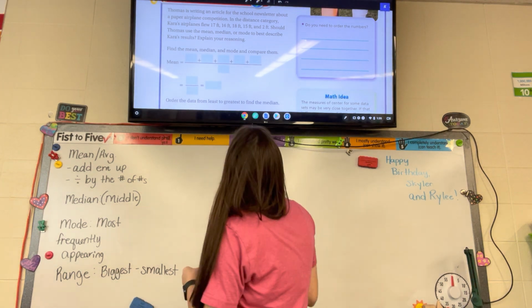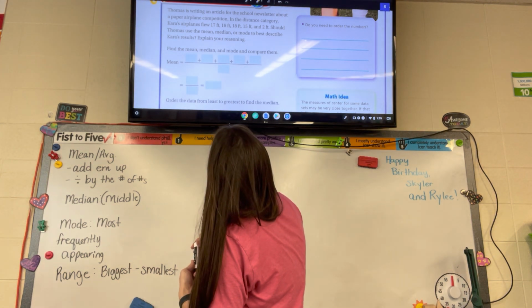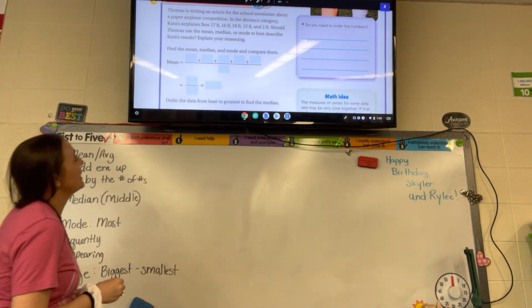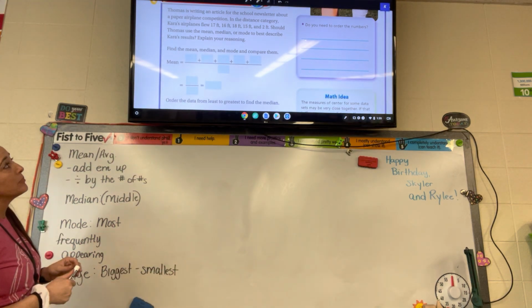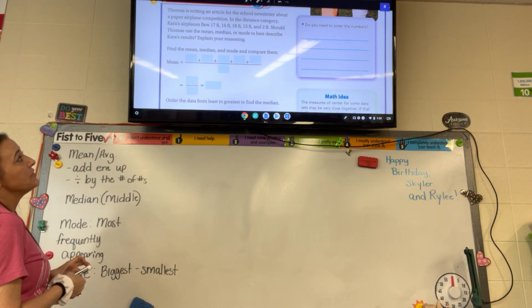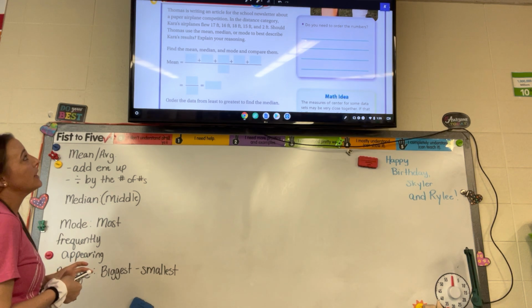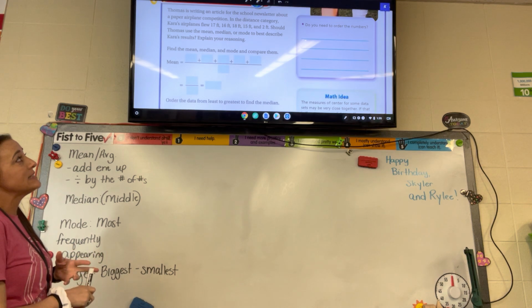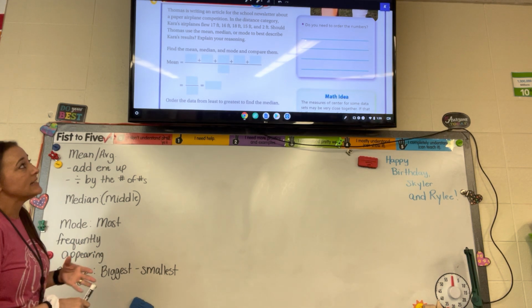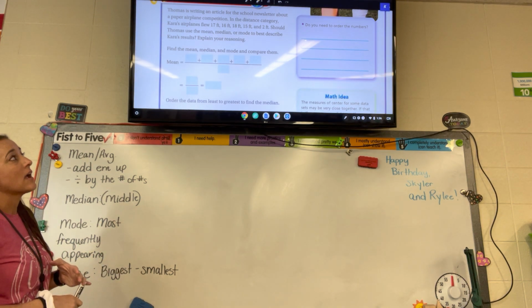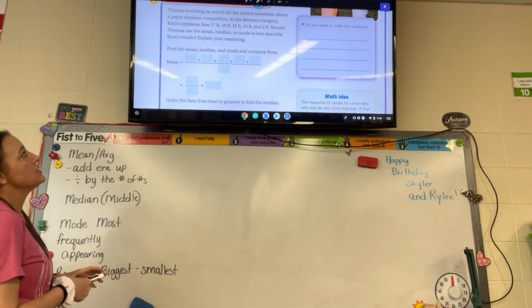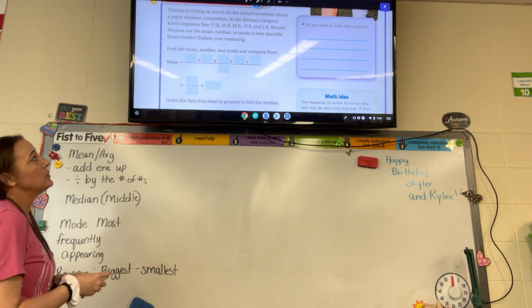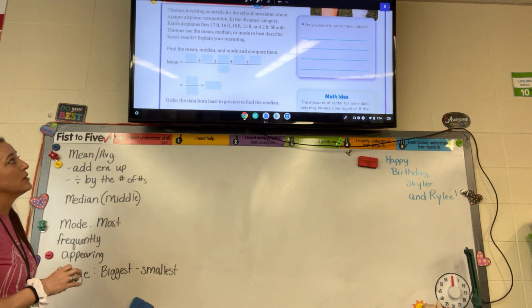All right, so here we go. Thomas is writing an article for the school newsletter about a paper airplane competition. In the distance category, Kara's airplanes flew 17 feet, 16 feet, 18 feet, 15 feet, and 2 feet. Should Thomas use the mean, median, or mode to best describe Kara's results?